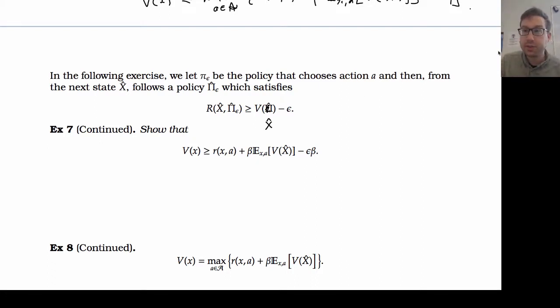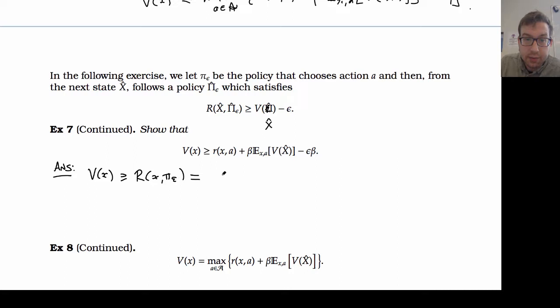Well, let's prove that. V of x is certainly less than or equal to the reward from x that I get from this policy I've just defined, R x of pi epsilon, sorry, from this policy here.